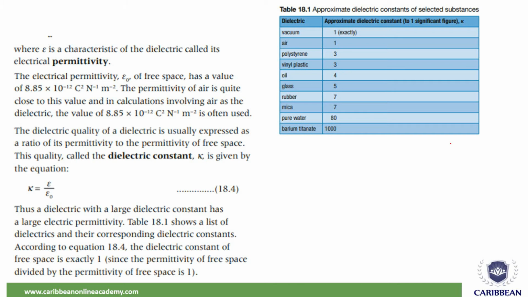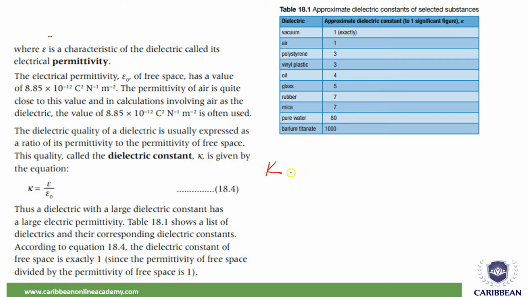All right. So now epsilon is what we call the electrical permittivity, right? If you guys can recall when we're talking about electric field and so forth, then you would also understand the whole aspect of electrical permittivity. But hear me out now. There's a relationship with what we call K, which is the dielectric constant.